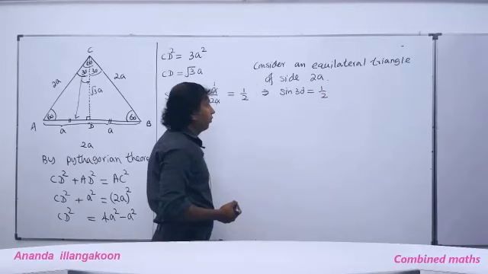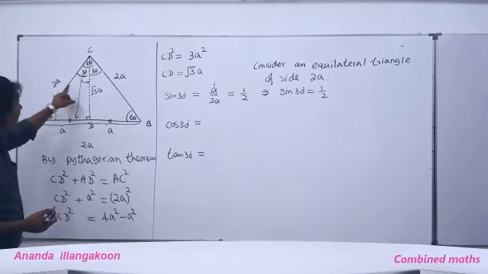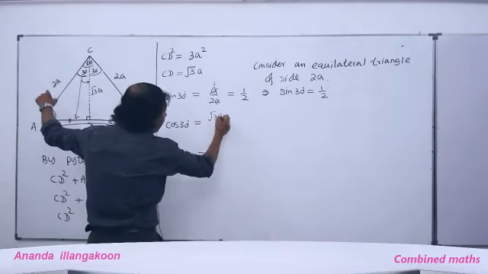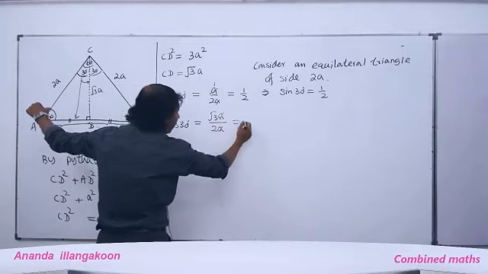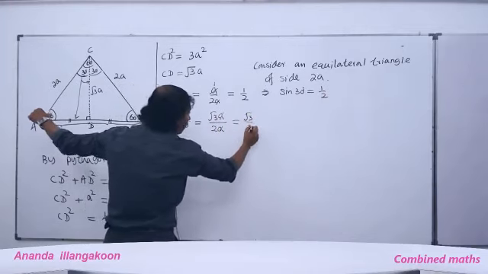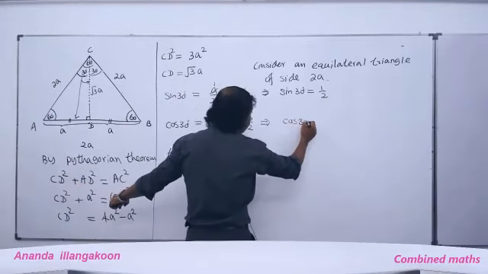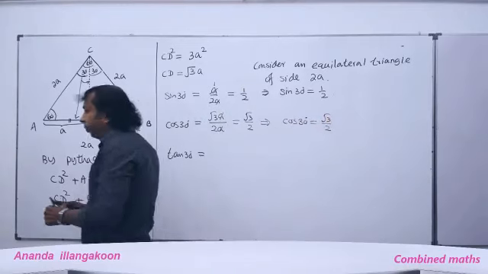Sine 30 is half. Cos 30. Adjacent side divided by the hypotenuse. Root 3A divided by 2A. A and A you can cancel down. Root 3 by 2. Cos 30 is root 3 by 2.